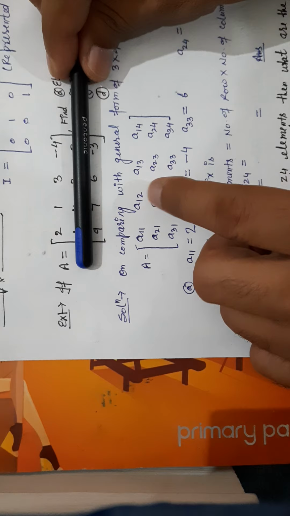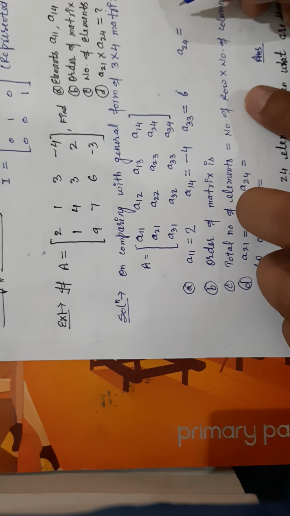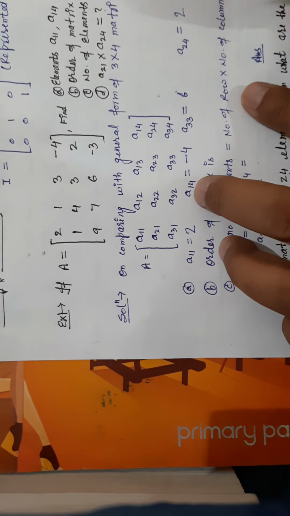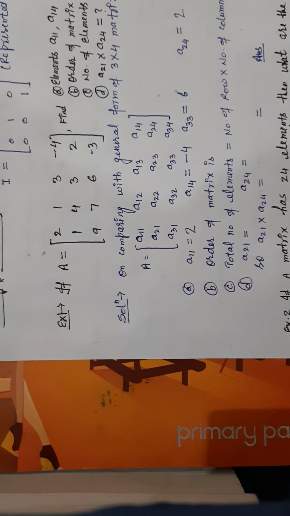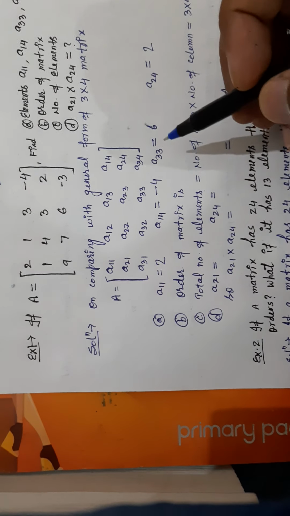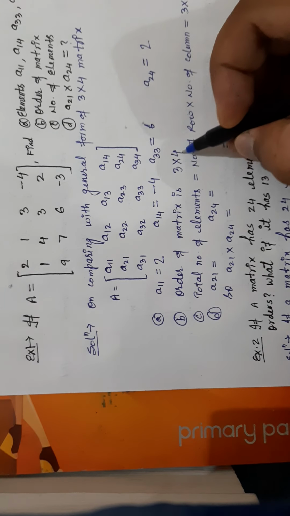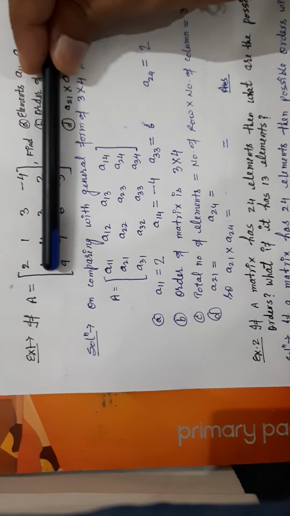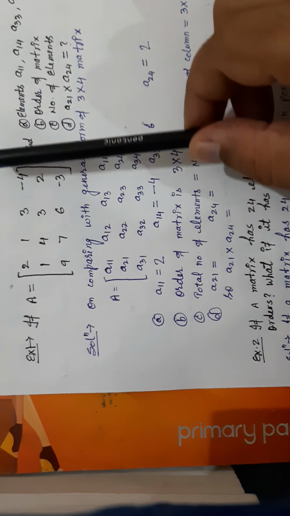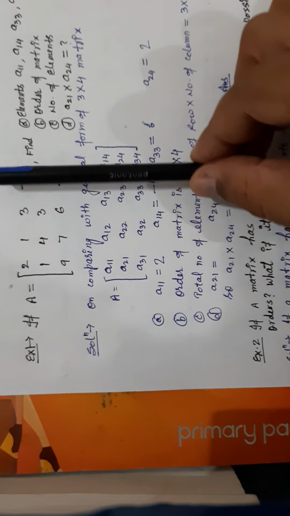A24, second row and fourth column, what is the element? Element will be 2. Is it clear? Now B part, order of matrix will be 3×4 because 3 rows are there in this matrix and 4 columns. 1, 2, 3 rows and 1, 2, 3, 4 columns.